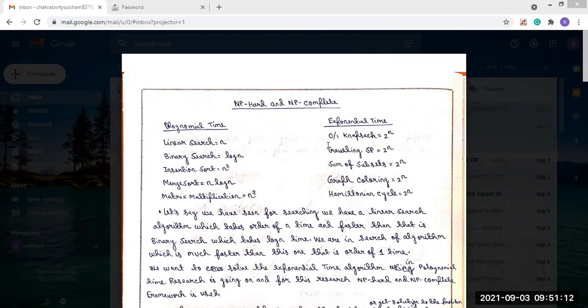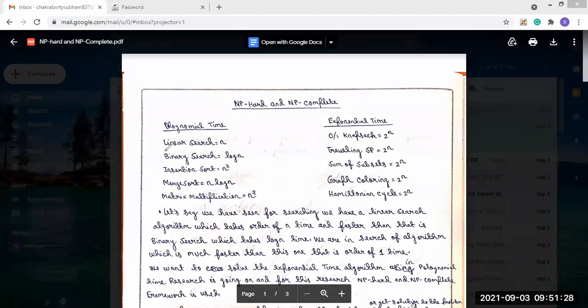Now, we have seen some algorithms which take polynomial time, and some algorithms that take exponential time. Linear search takes order of n.